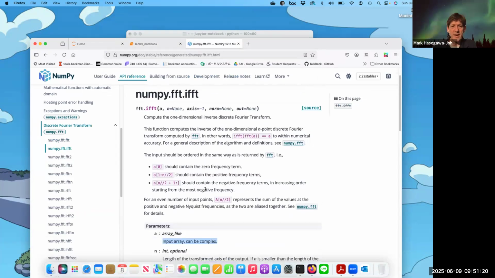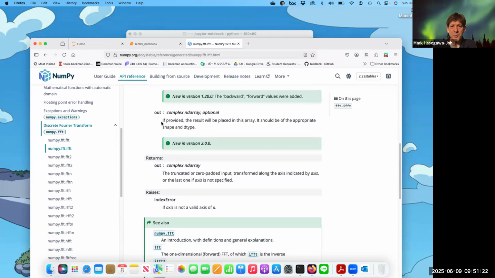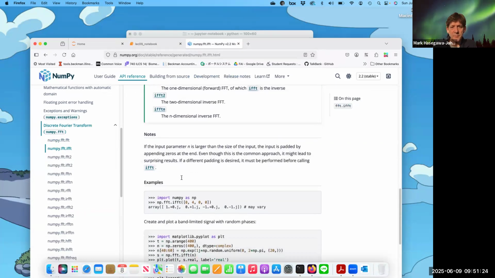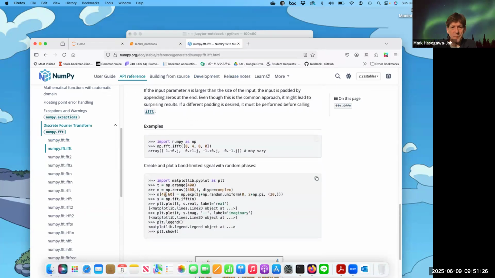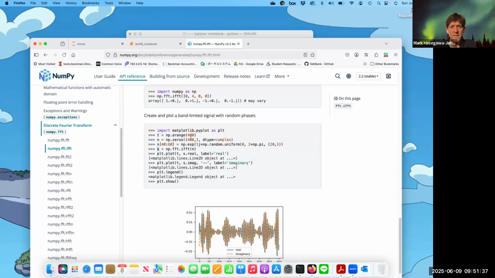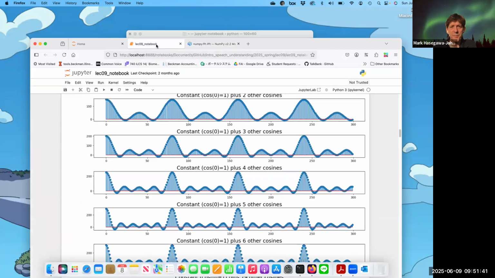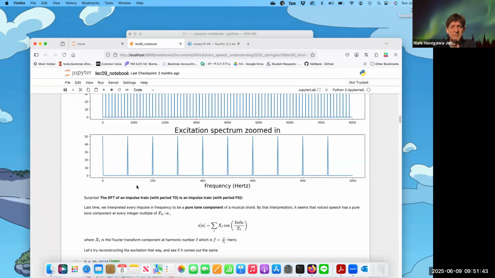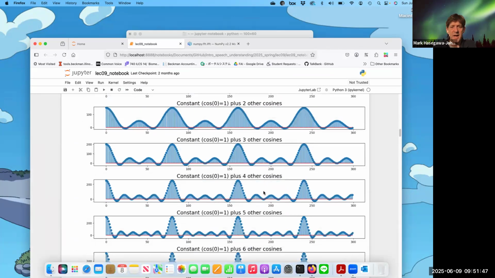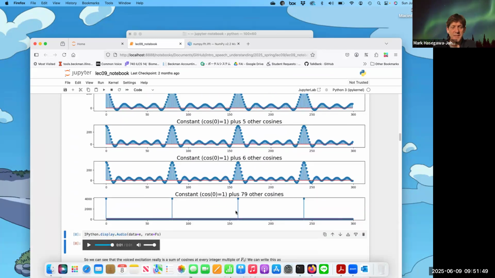Here in the example, I take the input, some signal, compute its inverse, and I get some signal s, the inverse Fourier transform. What I've done here is take this Fourier transform and invert it using the IFFT, and I get something that looks like this.